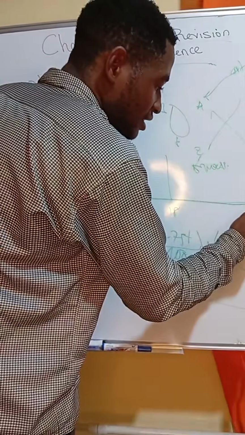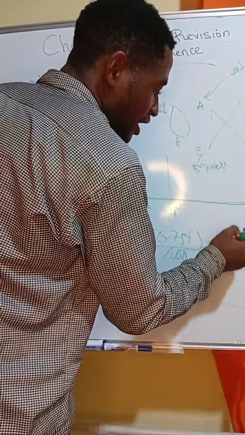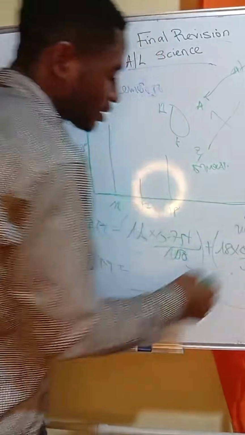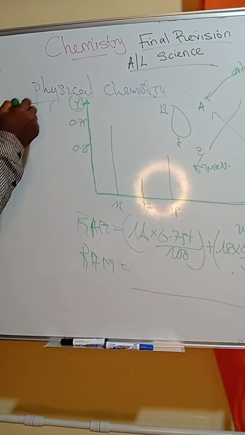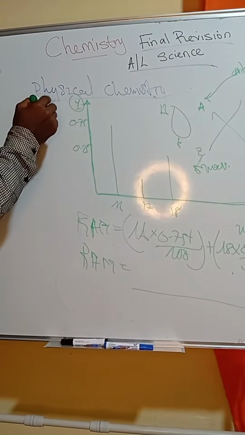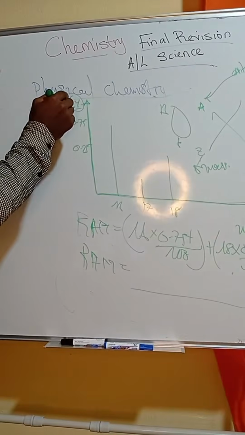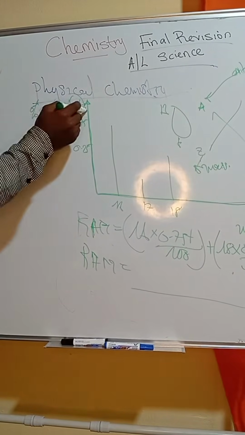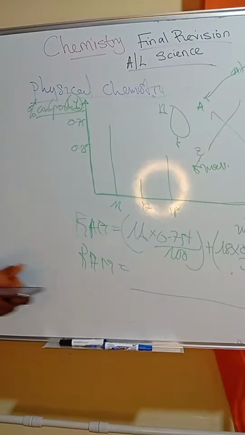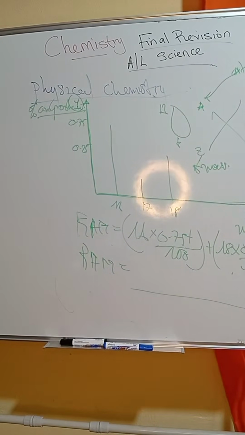So the x-axis is known as what? The atomic number. While the y-axis is known as what? The percentage composition. So we are plotting a graph of percentage composition against atomic number. Are we there? So the y-axis represents the percentage composition, while the x-axis represents the atomic number.